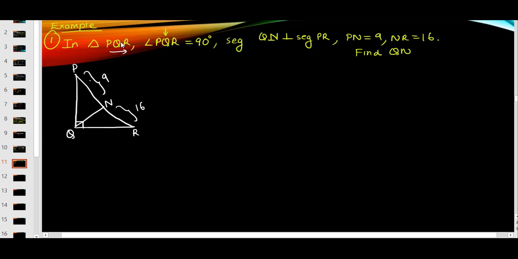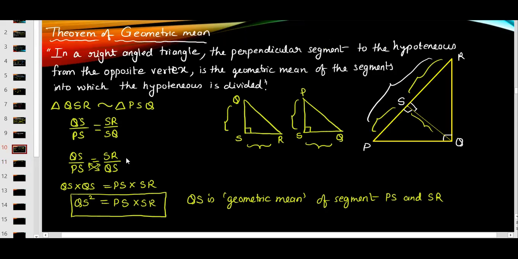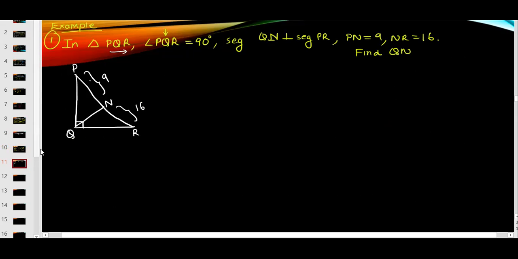We have one formula, which we just did as a theorem. According to this formula, we can write: the perpendicular length squared equals the product of those two sides. So we will use the same formula here. We write the perpendicular length, that is QN. QN square is equal to PN multiply NR.